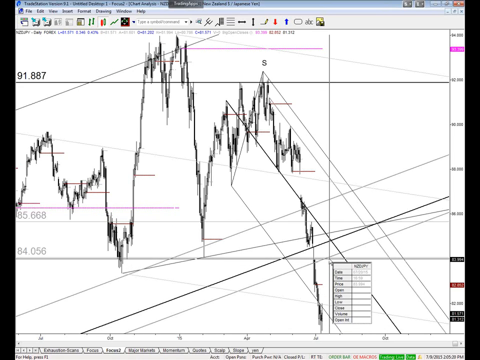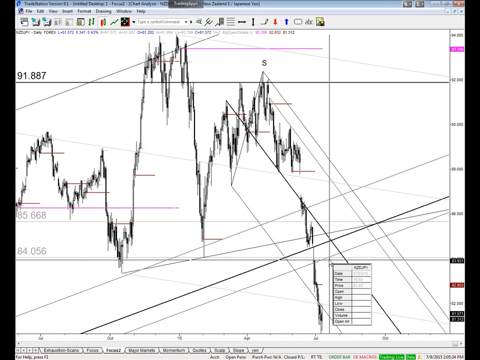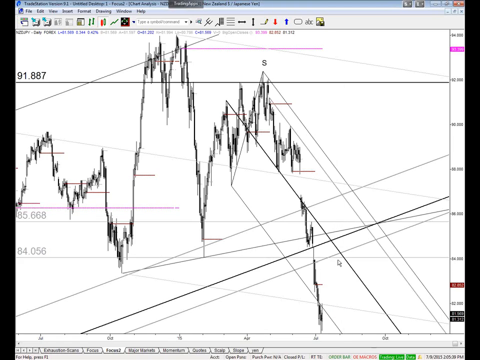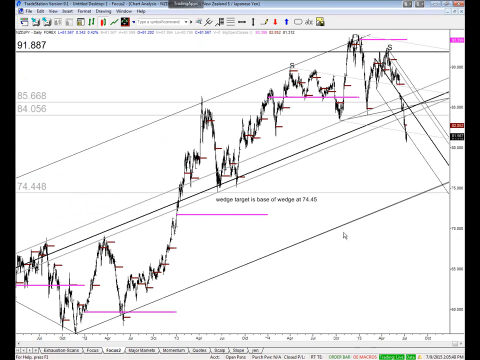Okay. If it's able to trade up into this region, maybe 84, and it happens to intersect with the median line at some point over the next several weeks, then there's a trade opportunity there because your risk is tight. Okay. That's all I can give you.